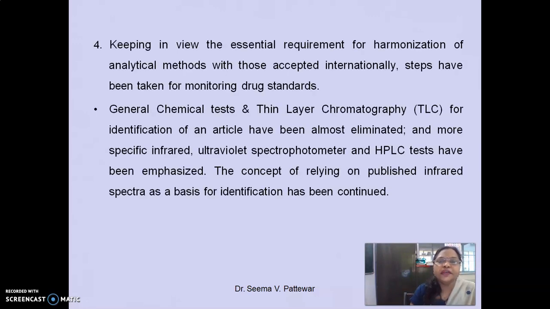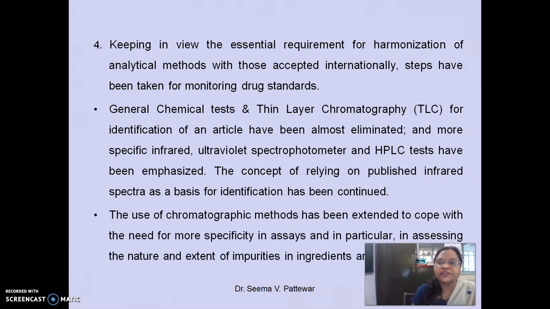Keeping in view the essential requirement for the harmonization of analytical methods with those accepted internationally, steps have been taken for monitoring the drug standard. General chemical tests and thin layer chromatography, again one of the separation techniques for identification of any article, have been almost eliminated, and more specific IR and UV or HPLC tests have been emphasized.